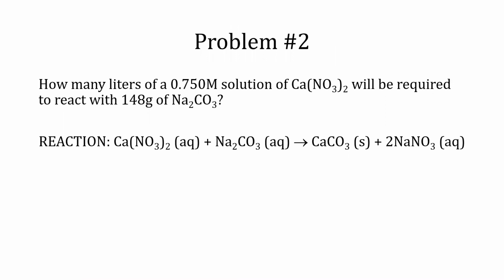Problem 2 is, how many liters of a 0.750 M solution of CaNO3 will be required to react with 148 g of Na2CO3? The reaction is CaNO3 plus 2 Na2CO3 forms CaCO3 plus 2 NaNO3.